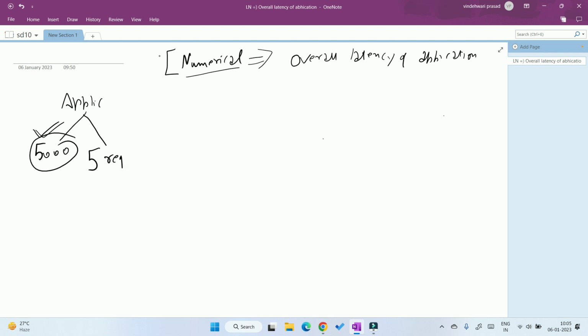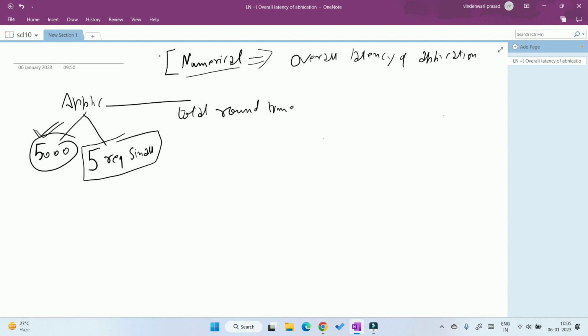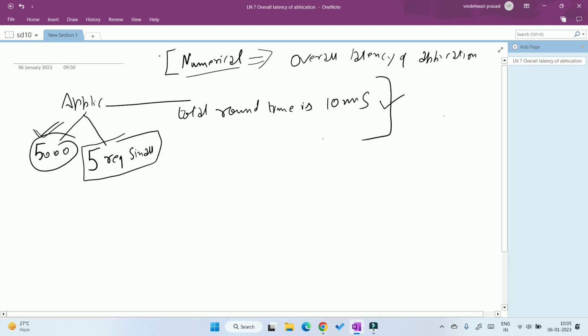Okay, it means the application can only handle 5 requests in parallel, and the request takes a total round trip time of 10 milliseconds. So what is the overall latency of the application?